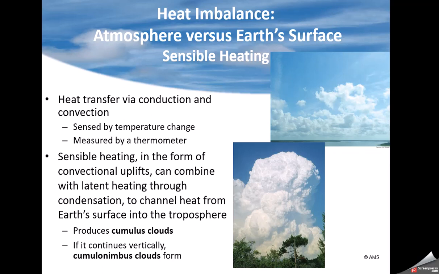So, heat transfer from conduction and convection is one way of changing and looking at it. It produces uplifts, clouds, and then you combine latent heating, which as the clouds are condensing, they're releasing heat, which produces even more heat. So in a thunderstorm, heat is being released, helping the air to warm.